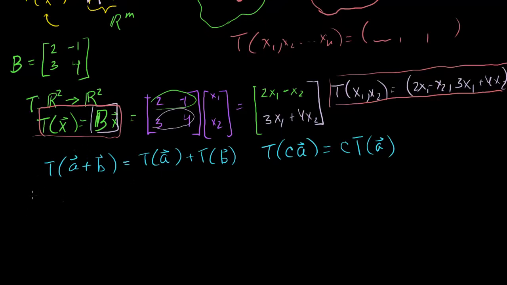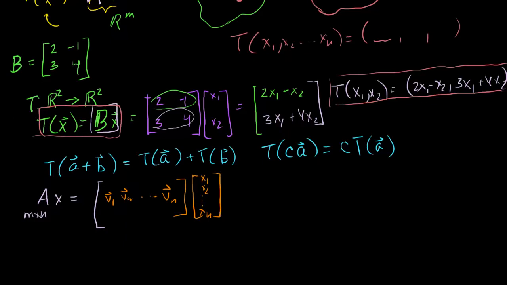If I multiply a matrix A times some vector x, let me write it this way. Let's say this is an m by n matrix. We can write any matrix as just a series of column vectors. So this could have n column vectors, v1, v2, all the way to vn, and each of these is going to have m components, times x1, x2, all the way down to xn.